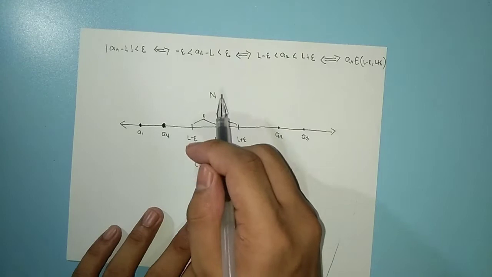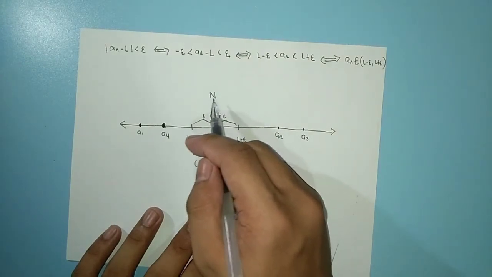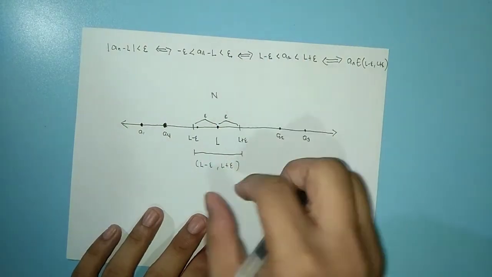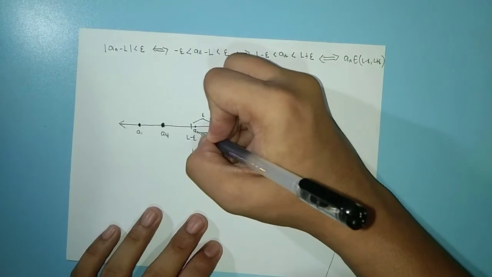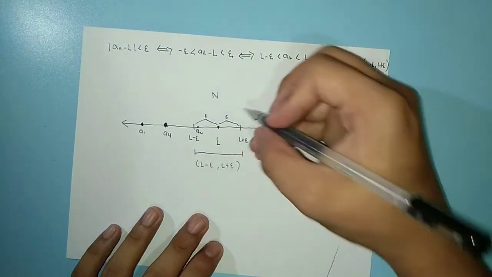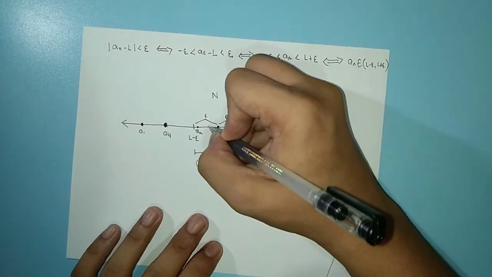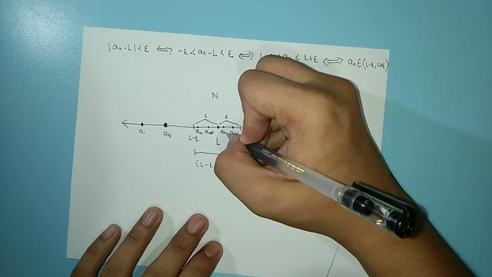So, from N, or as small n becomes larger and larger than capital N, let's say, it enters the open interval. So, here will be A sub N. Then, let's say, here are A sub N plus 1, A sub N plus 2, A sub N plus 3.